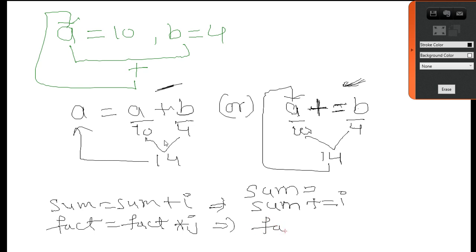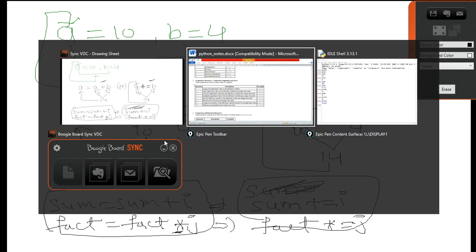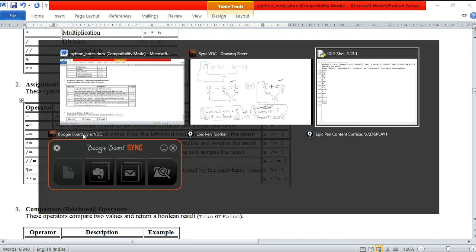The operator is multiplication, so fact multiplication is equal to j. Like this we can write. So instead of writing this big expression, we can write the simplified form by using arithmetic operators. Fine, so this is what we call assignment operators.